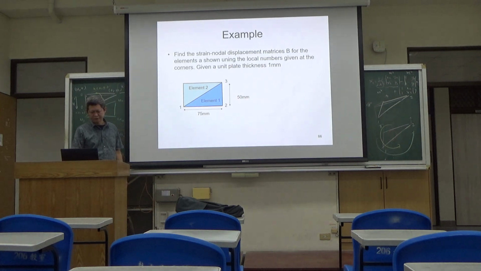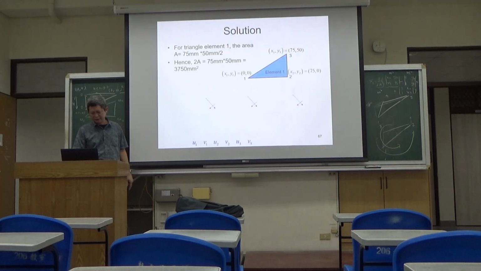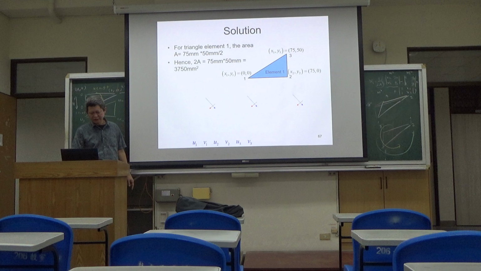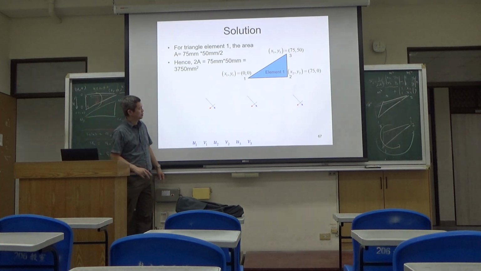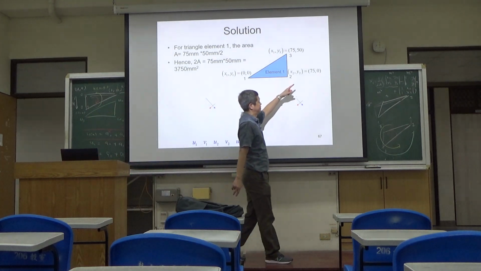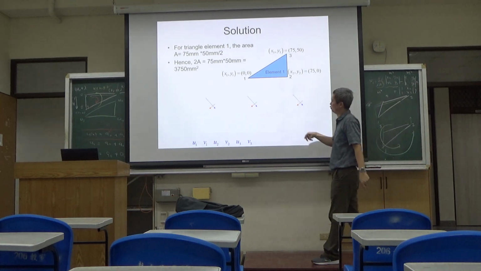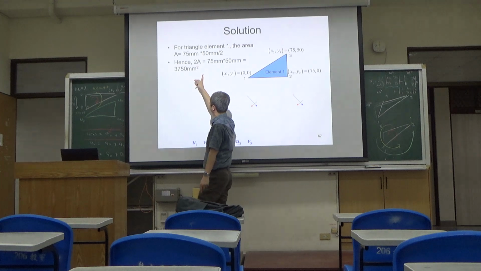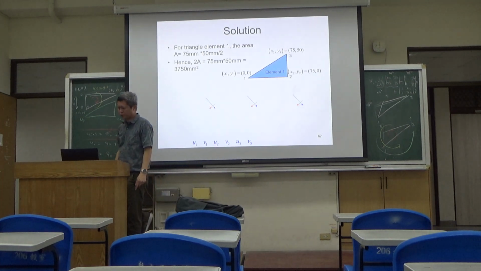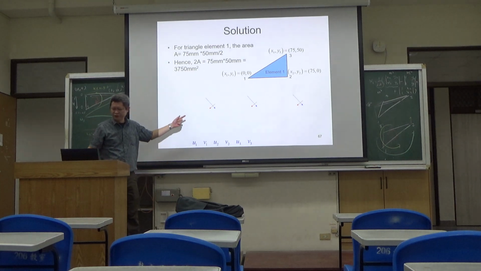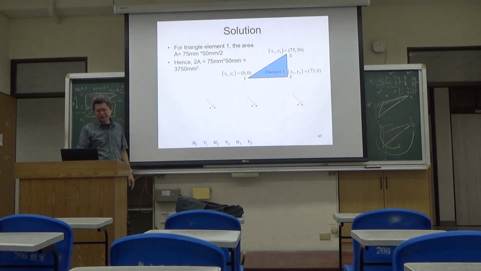Okay, then next, how to find the numerical example? We take this example. So in this case, you have a length of 75 millimeters, and you have a height of 50 millimeters. What's the area? Okay, it's the length and height divided by 2. What is 2 times the area? This is 75 times 50. Then you have 3,750 millimeters square.